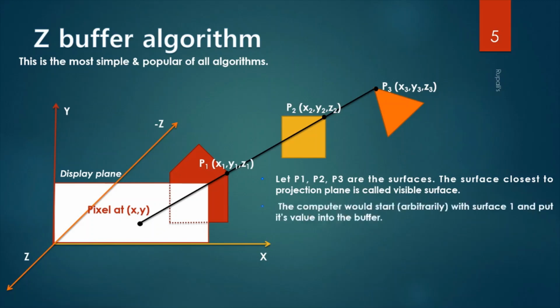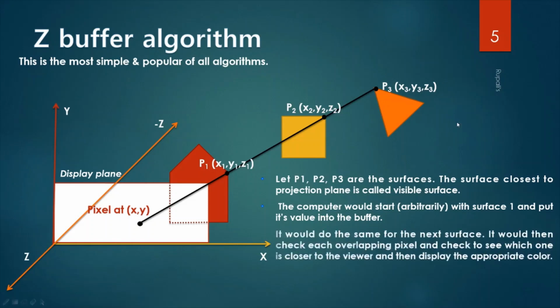Now, the computer would start arbitrarily with surface 1 and put its value into the buffer. Then surface 2 and then surface 3, putting the values in the buffer. It would do the same for each next surface.